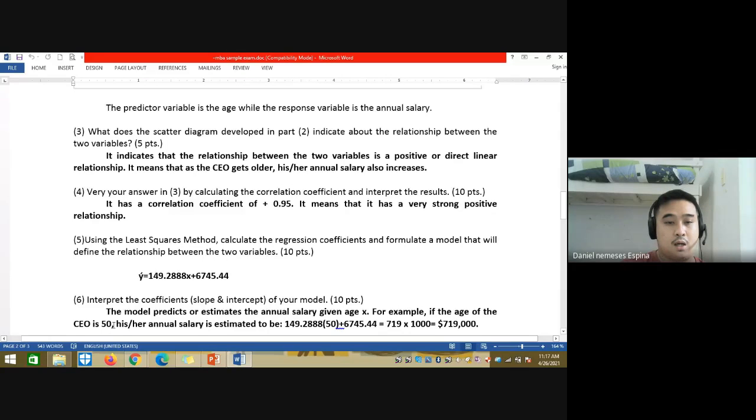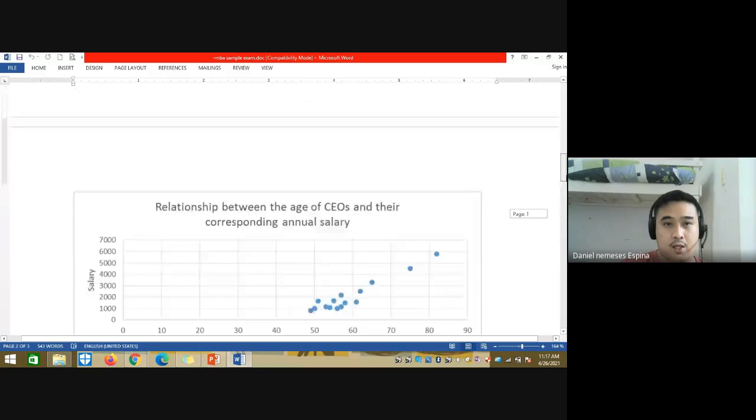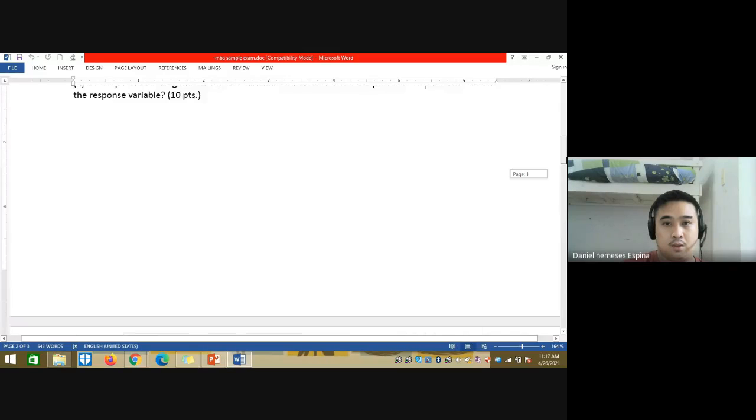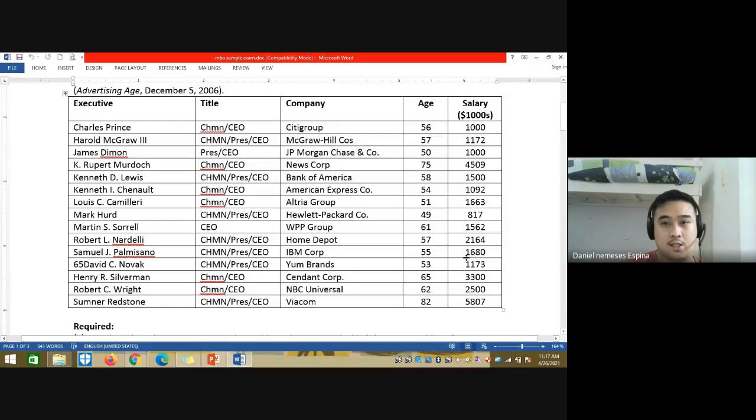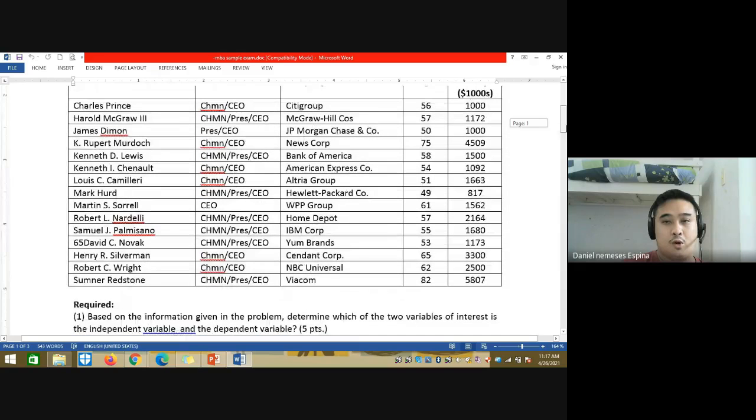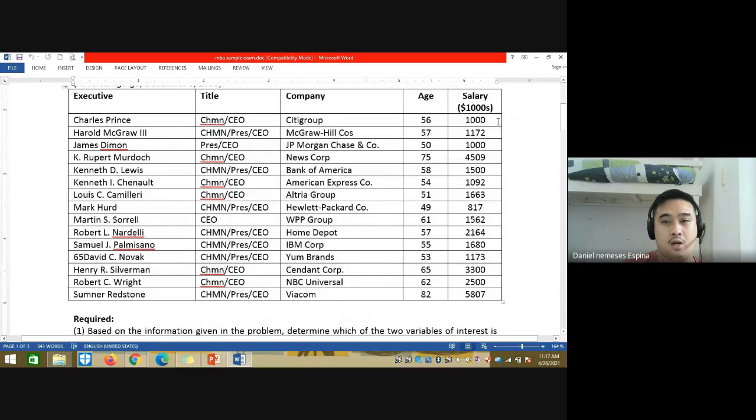So for example, if the age of the CEO is 50, okay, by the way, kaning nasa table, kaning salaries diri are in thousands na siya. So does it mean nga yung annual salary is only 1,000. But ang 1,000 i-multiply pa na sa 1,000. So it means that kaning nga figure, ang meaning ani is 1 million.